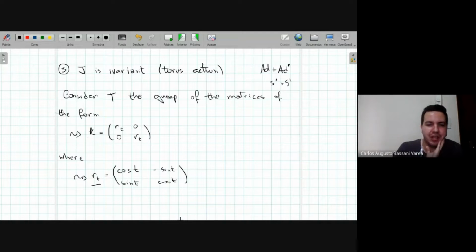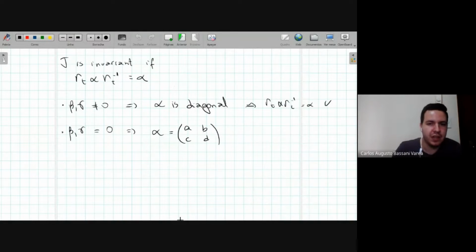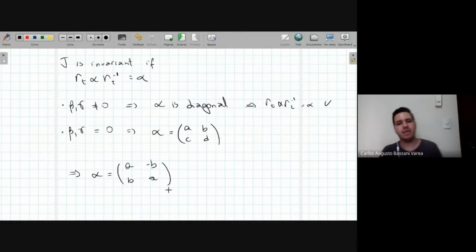So when we do the computation RT times alpha times the inverse of RT, we obtain that alpha has this form: A, minus B, B, A. Just do the computation with the rotation matrix. So alpha must have this form here.